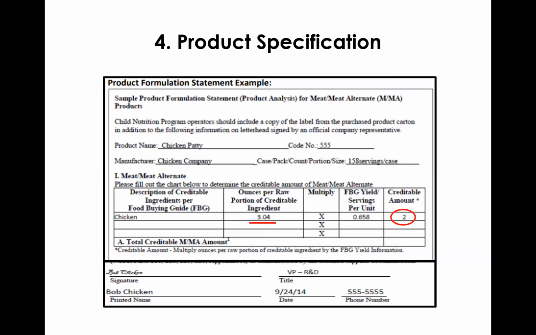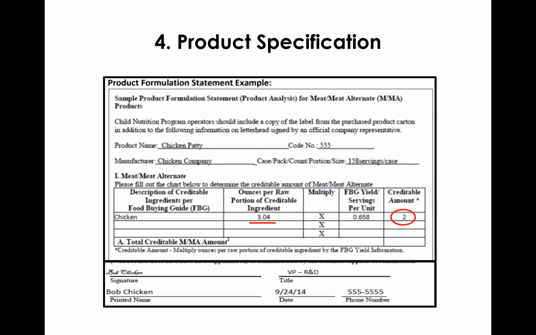So my 3.4 ounce serving credits as 2 meat alternate. It is signed by the company representative and it's dated. And I would keep this information in my file that shows me how this product contributes. Now, who would you get this information from? Your vendor.